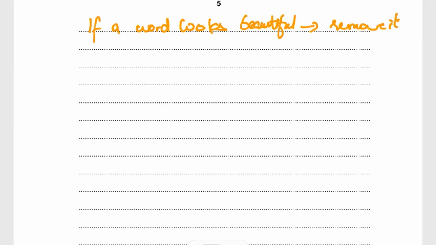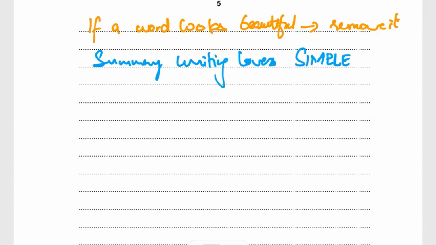Summary writing loves simple English. Please don't dig yourself deep into harsh wordings and intricate vocabulary. Summary writing actually loves simple English, my dear students.